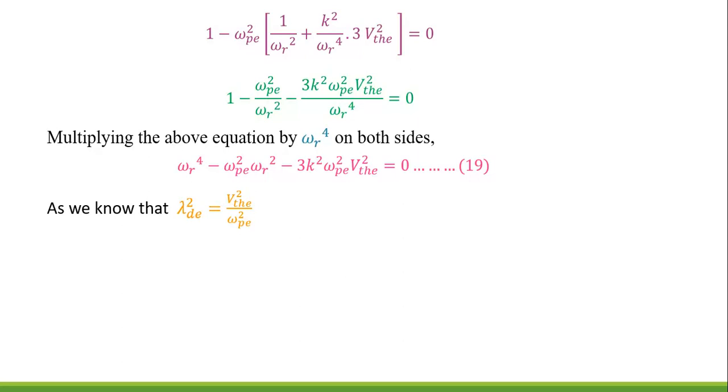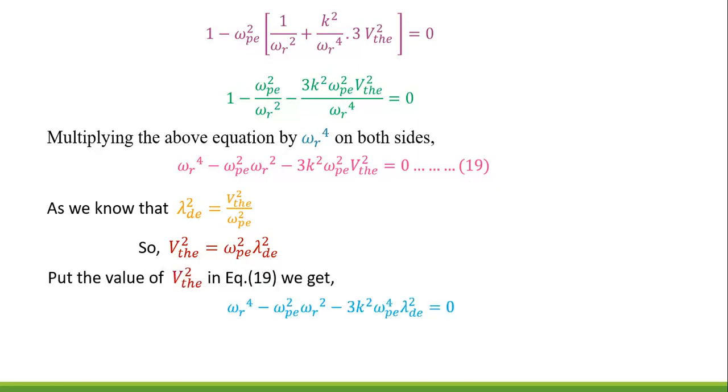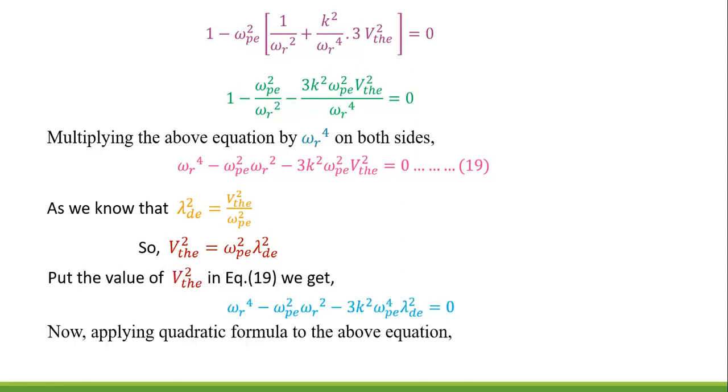I believe you know that the Debye length is defined as v thermal over omega pe, so v thermal square can be simply written as lambda De square omega p square. Let's substitute it into equation number 19 to have this quadratic formula.